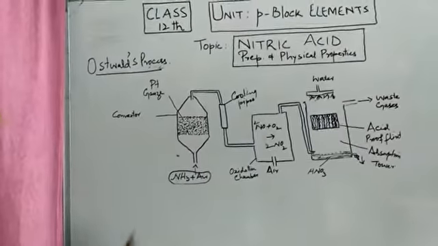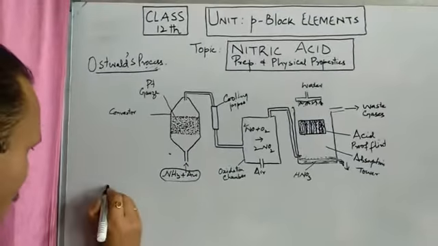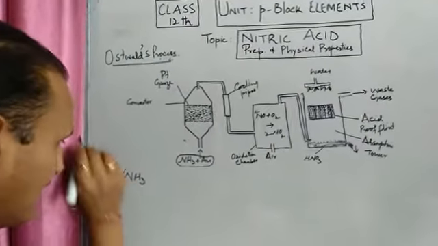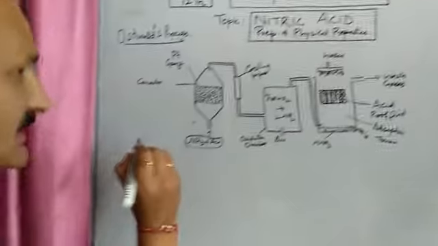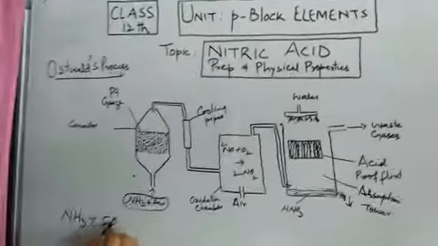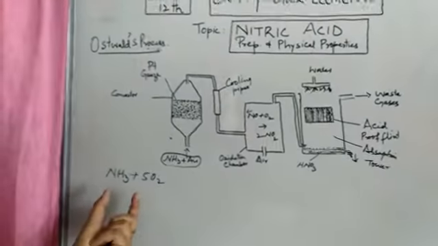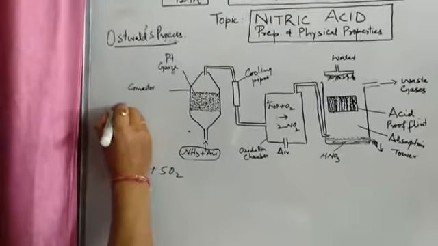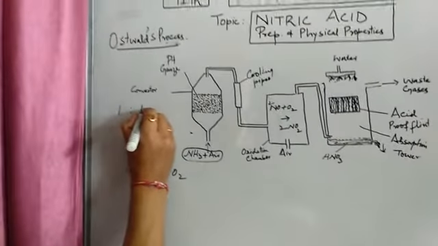So we will begin with this chamber. A mixture of ammonia obtained from Haber's process is mixed with oxygen, and this mixture is taken in the ratio 1:10 by volume.